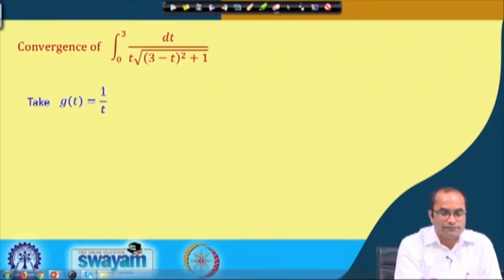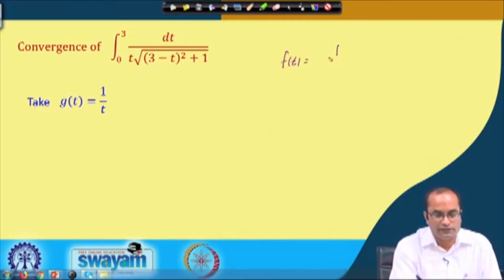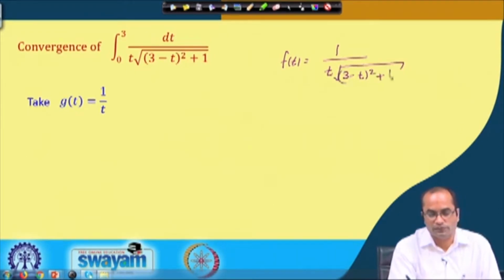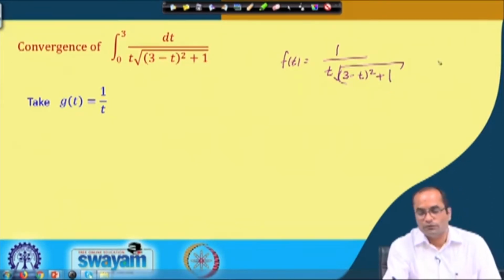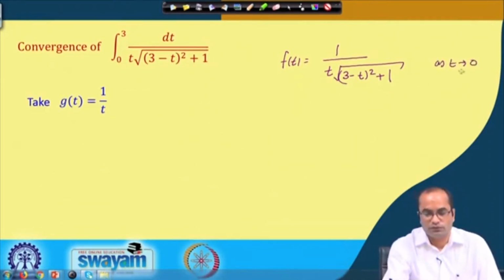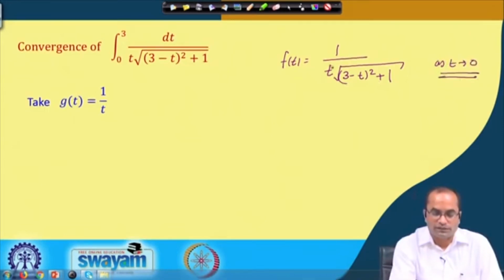Our integrand was f(t), 1 over t times the square root of (3 minus t) whole square plus 1. So, as t approaches 0, where is the problem? This 1 over t is creating the problem.